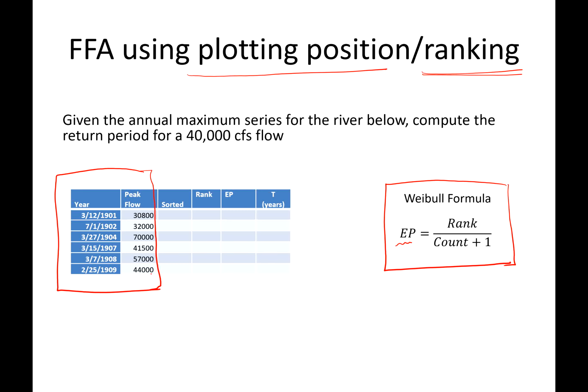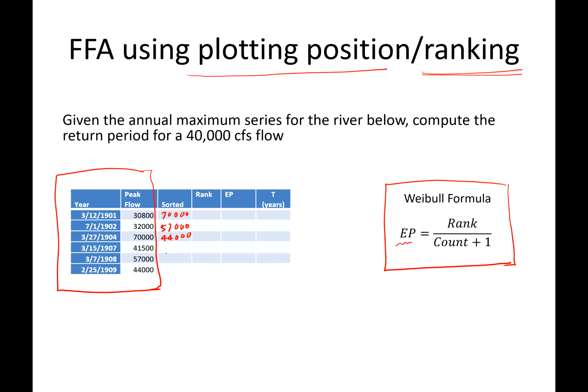So in this method, what we do is we sort the data from maximum to minimum because we are interested in high flows. So the maximum value here is 70,000 CFS. The next one is 57,000 CFS. After that will be 44,000 CFS.